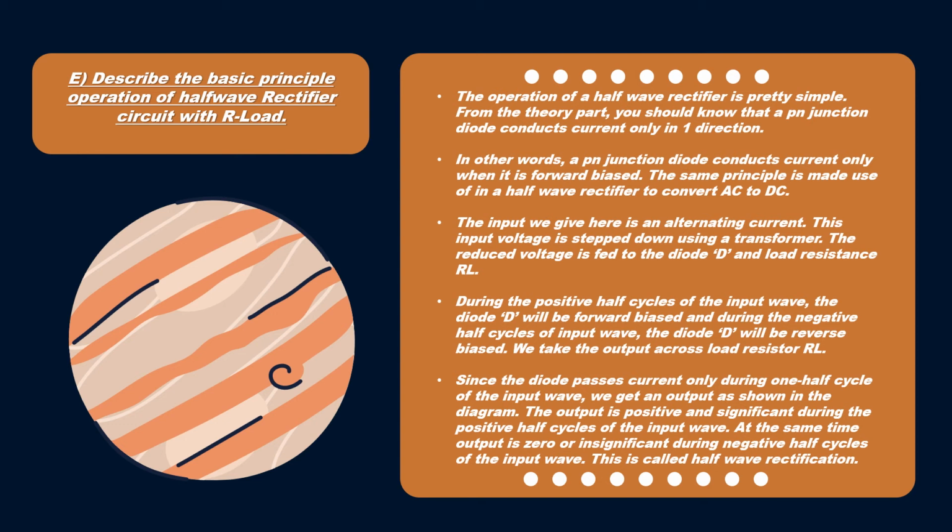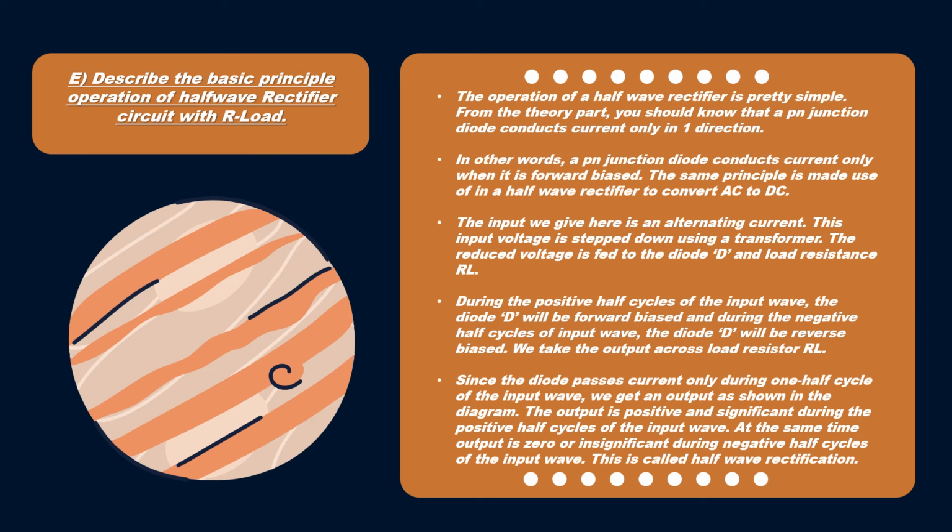And the last point, since the diode passes current only during one half cycle of the input wave, we get an output as shown in the diagram. The output is positive and significant during the positive half cycle of the input wave. At the same time, the output is zero or insignificant during the negative half cycle of the input wave.